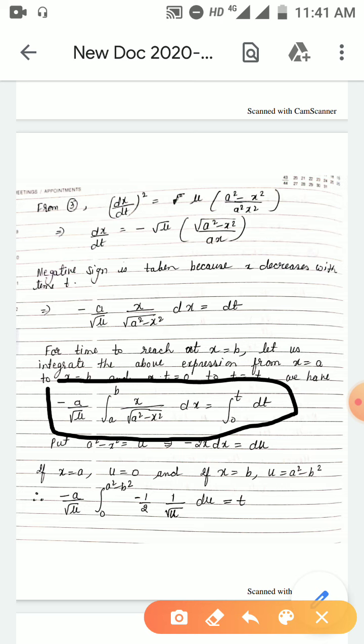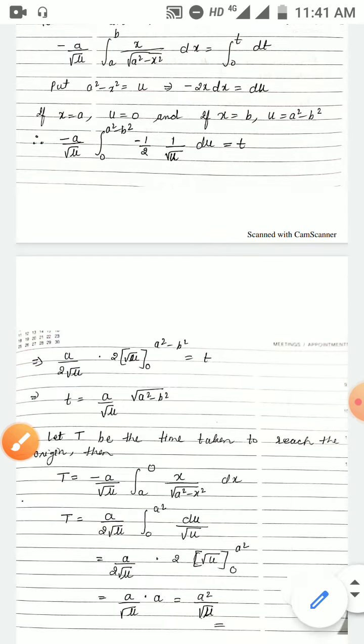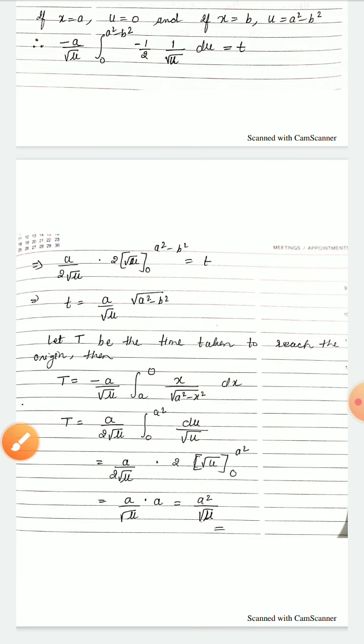So using this we will get, let capital T be the time taken to reach the origin, then capital T is equal to minus a by root mu integration a to 0 x by under root a square minus x square dx.